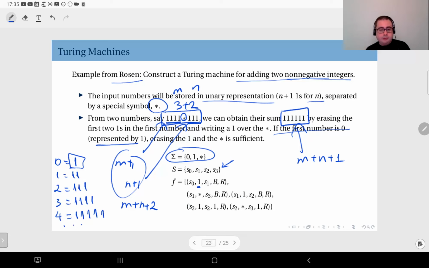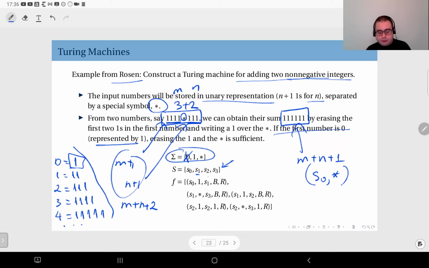The only alternatives are 1 and the separator, and all the numbers are non-negative integers. As you see from this, I have at least a single one. So the first symbol I'm going to encounter for sure is going to be a 1. Therefore, I don't need to specify S0 with the star as the initial configuration, because it's not going to be encountered anyway.